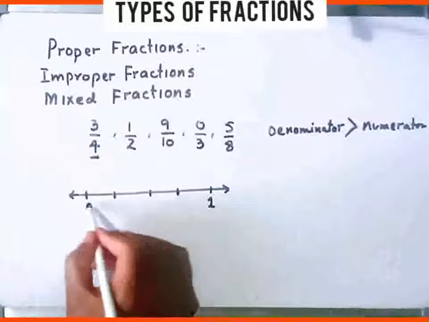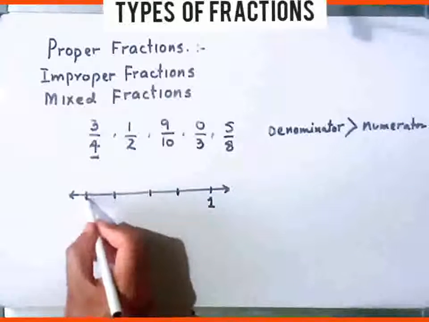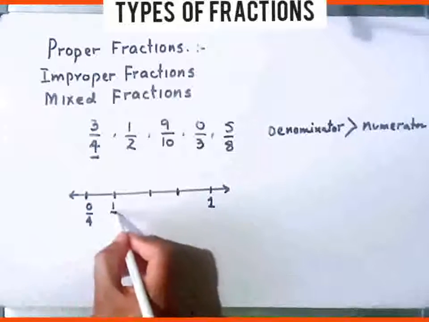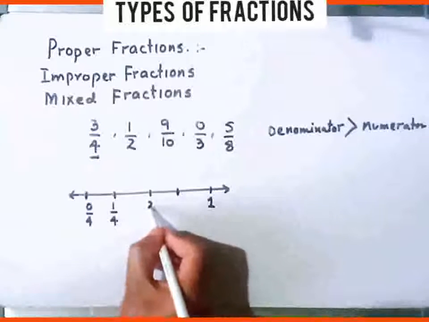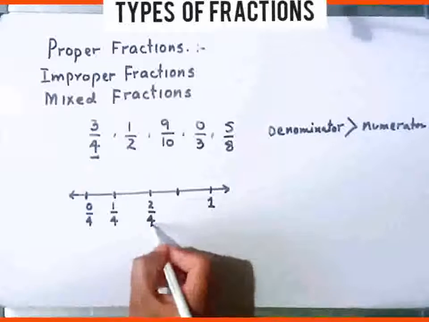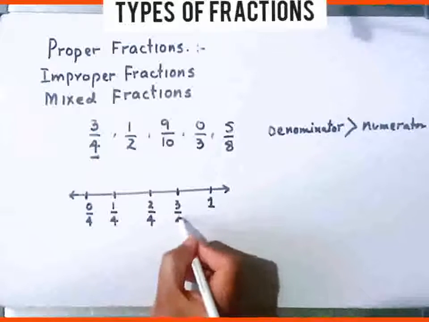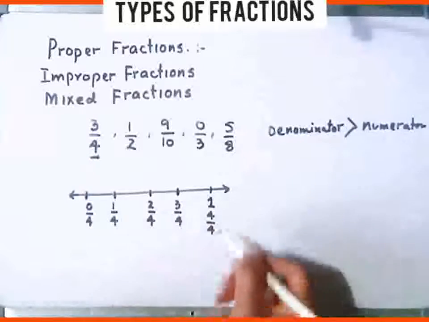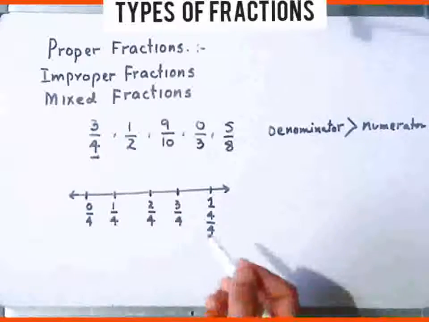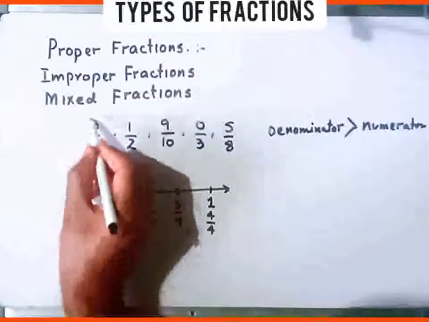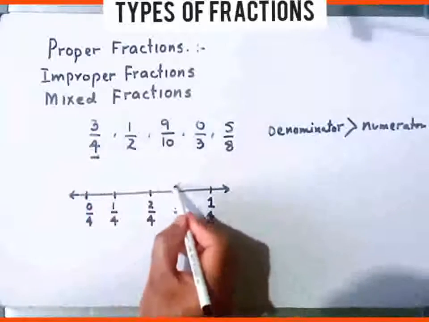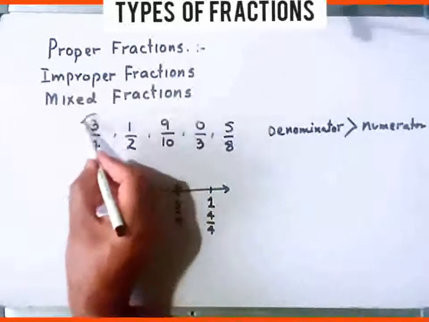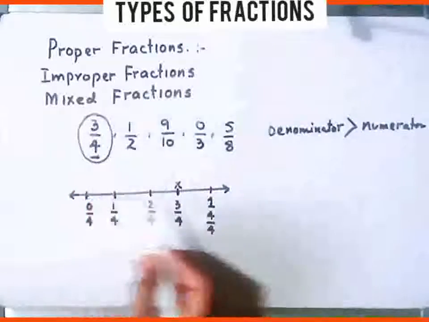The number here will be 0 divided by 4, here 1 divided by 4, 2 divided by 4, 3 divided by 4, and 4 divided by 4, which is equal to 1. So the number 3/4 is somewhere here. This 3/4 lies between 0 and 1.